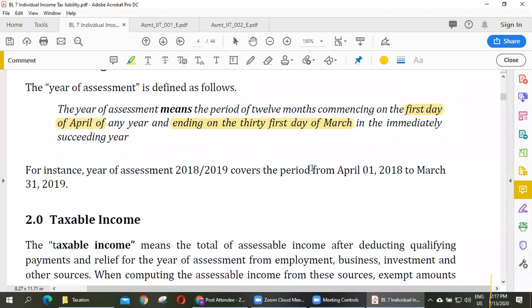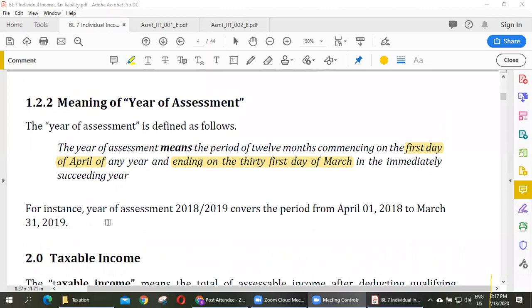Good. Yogaraja says the correct answer, 31st March 2021. Exactly.